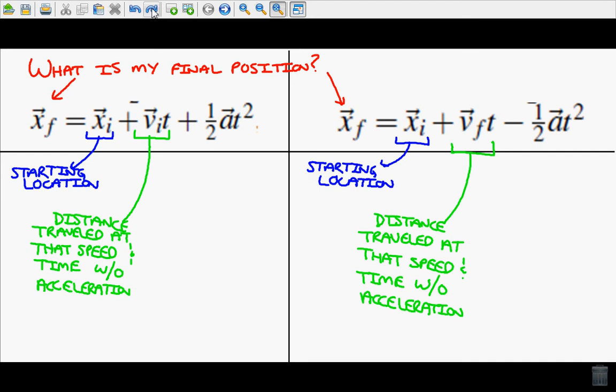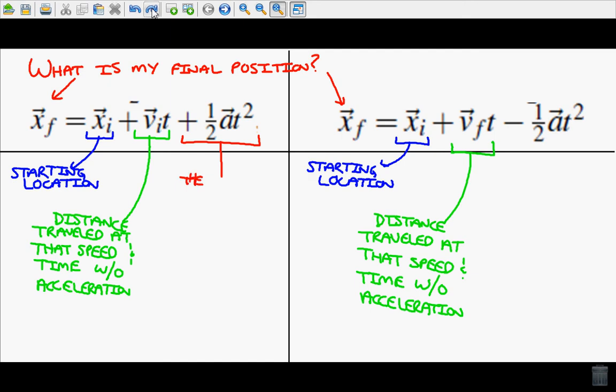Now for this last piece of the equation, with the 1/2 at squared, this is the part of our quadratic equation that is really bringing in, well, what effect does acceleration have on this object? So seeing that I do have acceleration, how far is that acceleration going to take me?